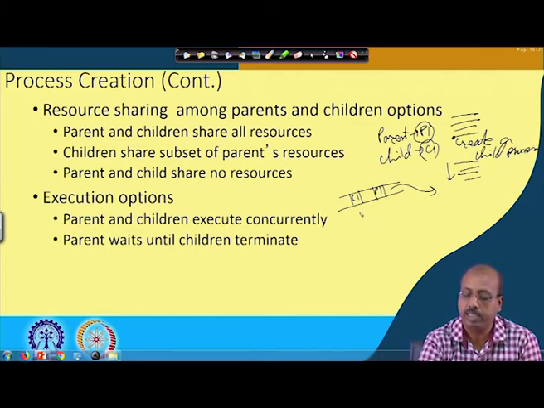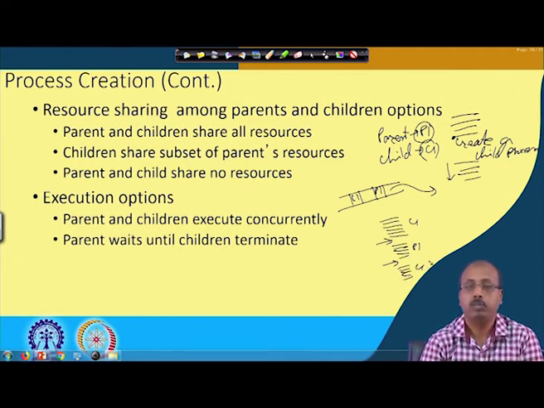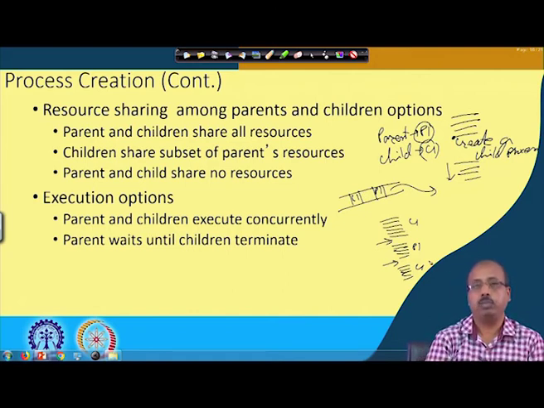Maybe C1 executes for some time and then gets descheduled, and then P1 gets a chance for execution. Then P1 gets descheduled, again C1 executes for some time. So it can happen like this. As if P1 and C1 are two parallel processes now. There is no dependency between them.